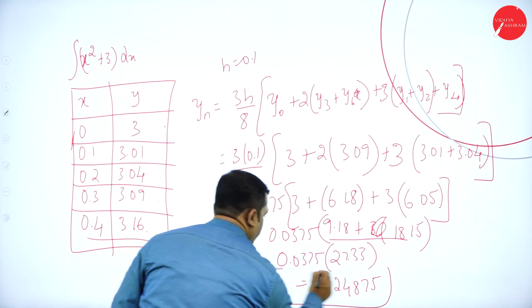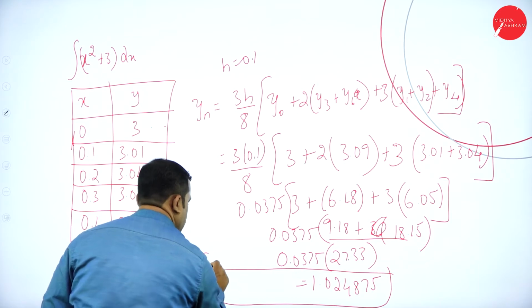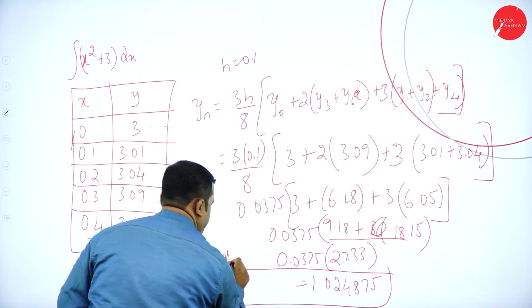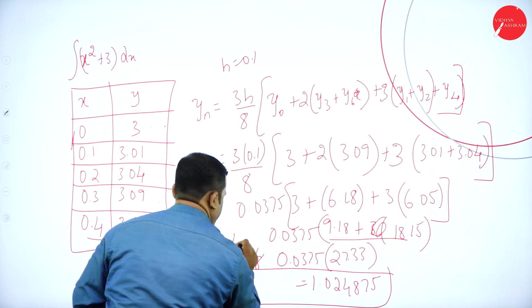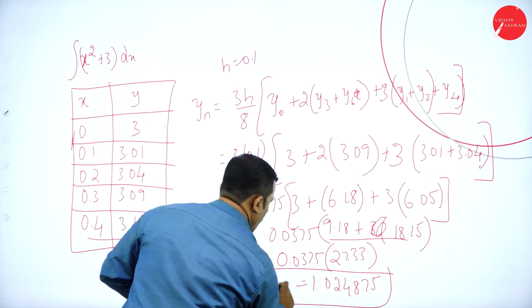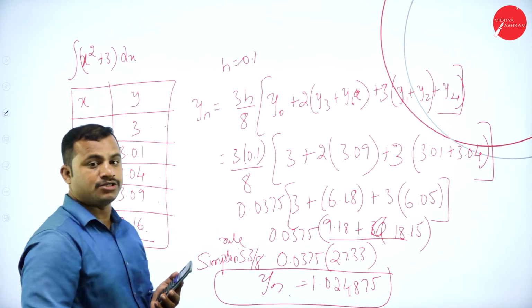This is the ultimate final solution using the Simpson's 3/8 rule. That is yn. This is the ultimate solution.